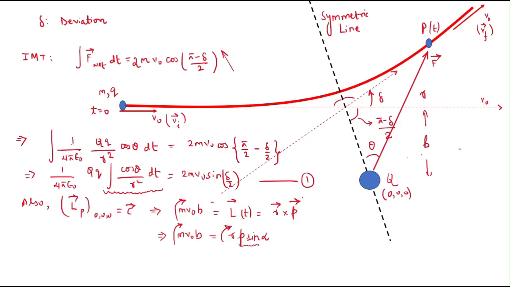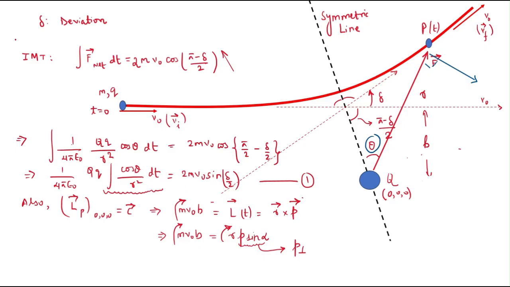Now p sine alpha is obviously, by the concept of cross product, that component of p which is perpendicular to r. So let me just write this as p perpendicular. Now that component which is perpendicular to r is responsible for changing the angle theta, as we can easily see, since this angle is 90.